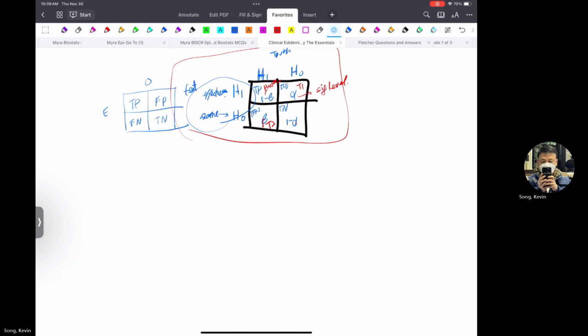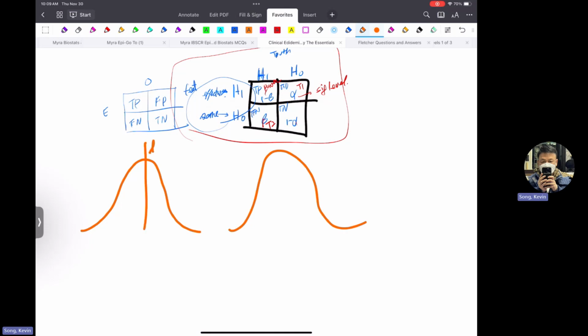Okay, so now going back to the two graphs here, right? Mu1, mu2, and then there's the associated standard deviation, right? Standard deviation here, standard deviation here, so S1, S2, right?